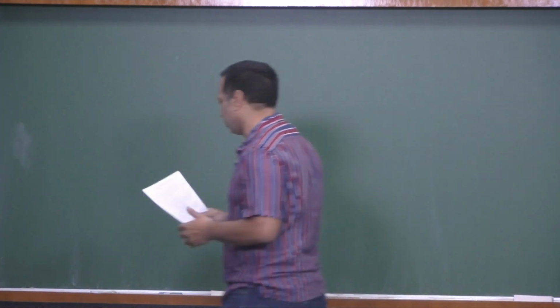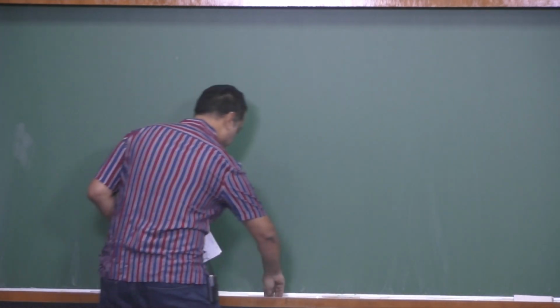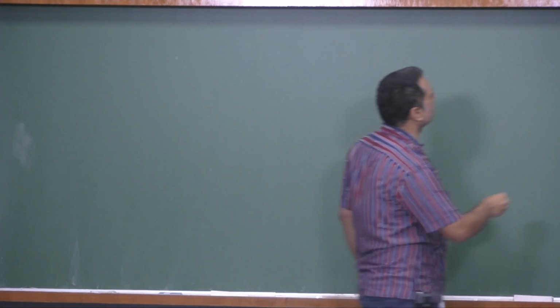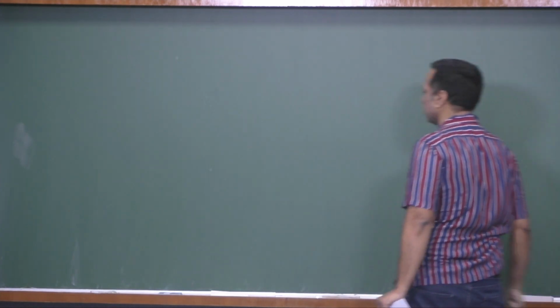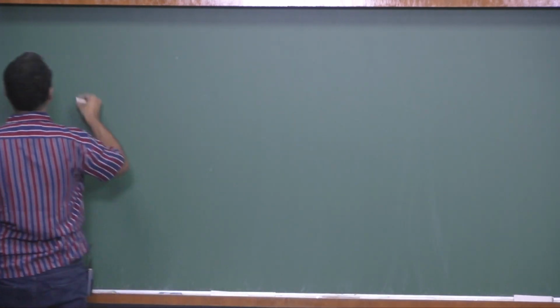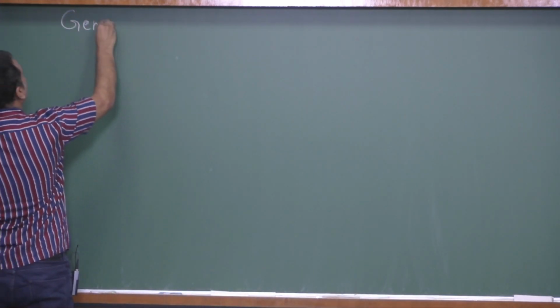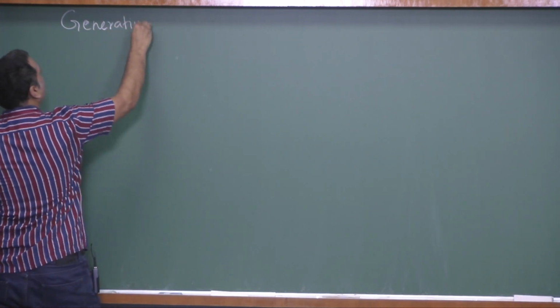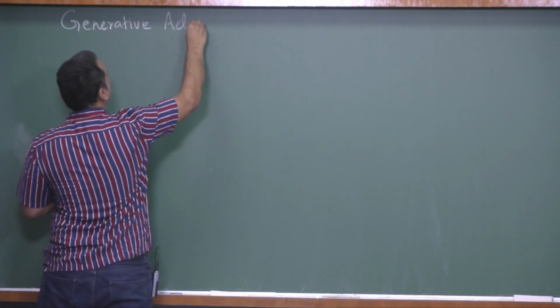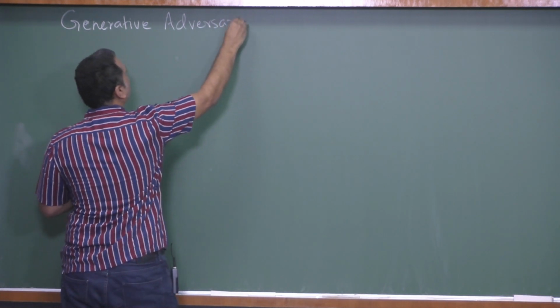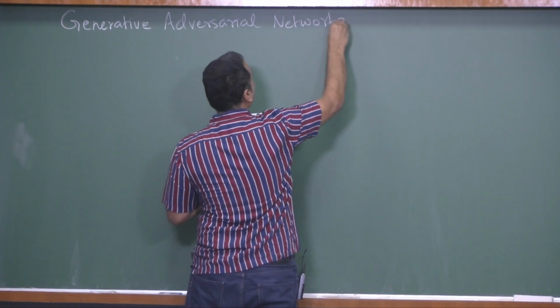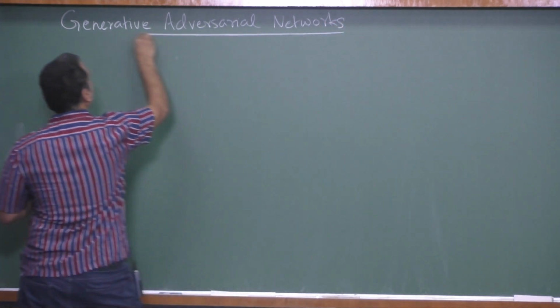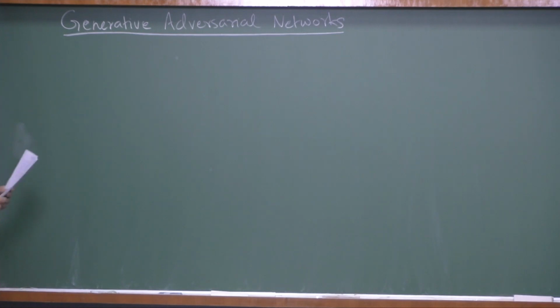Okay, so let us do generative adversarial networks, which is one of the key methods for generative modeling these days. As the name suggests, it's a generative model, but it has some adversary.